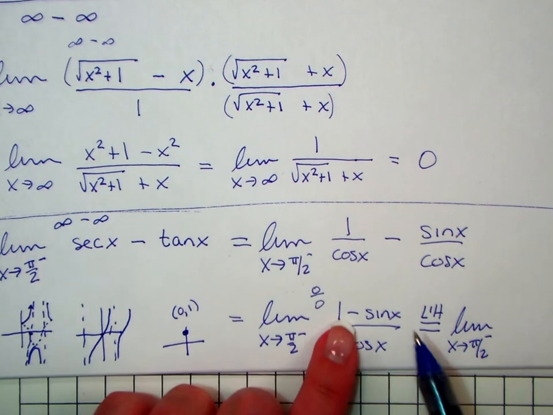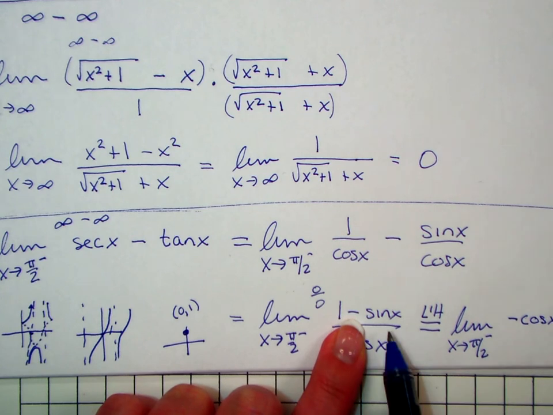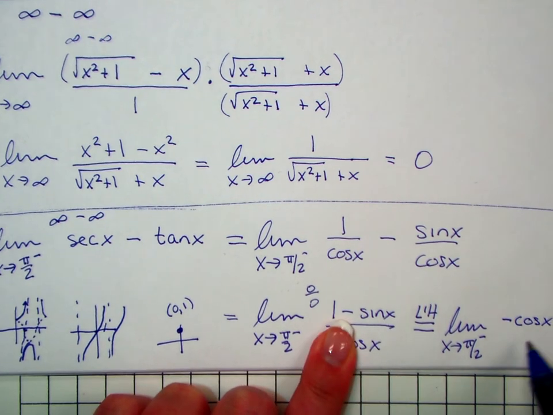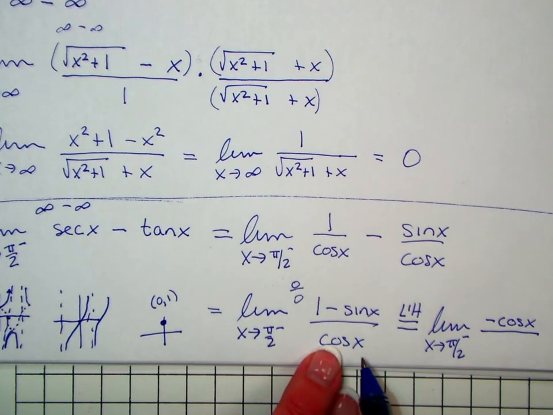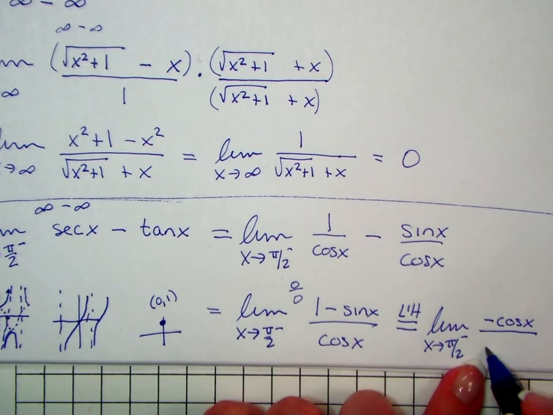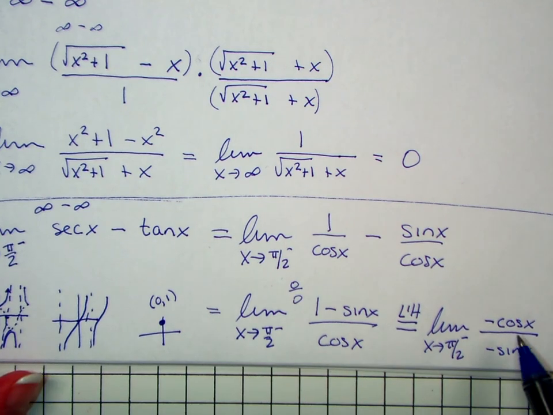All right, so the derivative of 1 minus sine x is minus cosine x, because the derivative of sine x is cosine. Apply the negative to it. The derivative of cosine is negative sine. Okay, so here we get cotan.